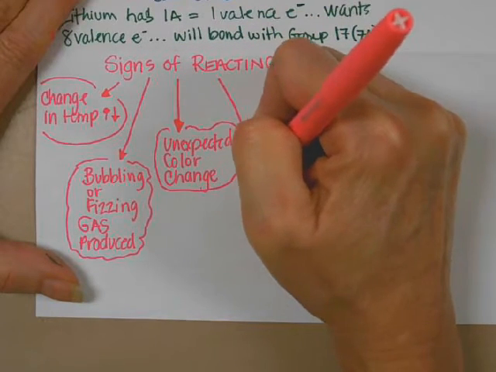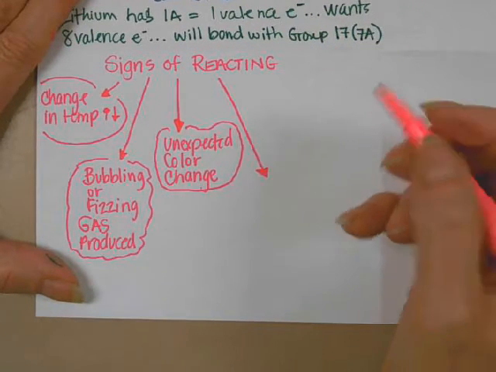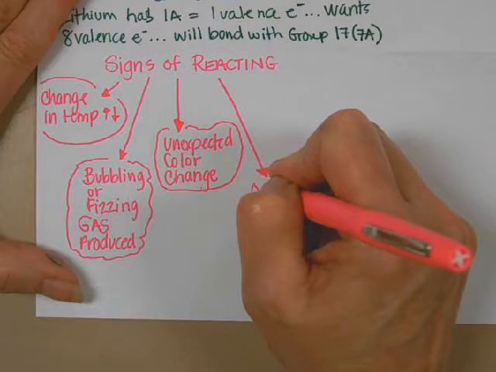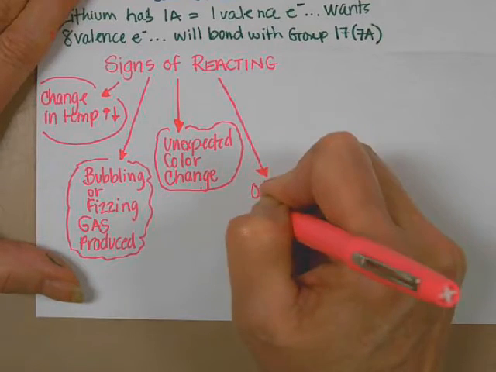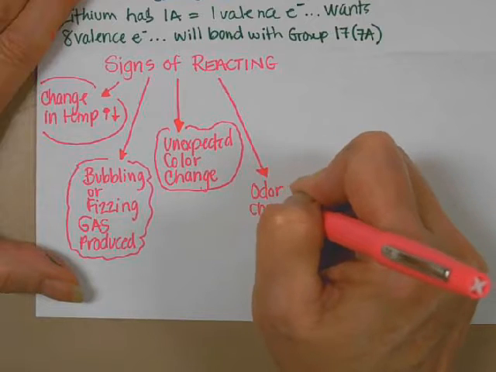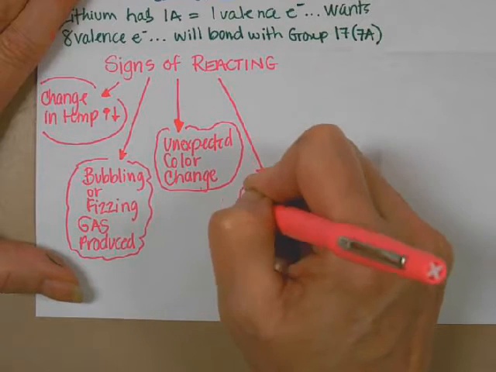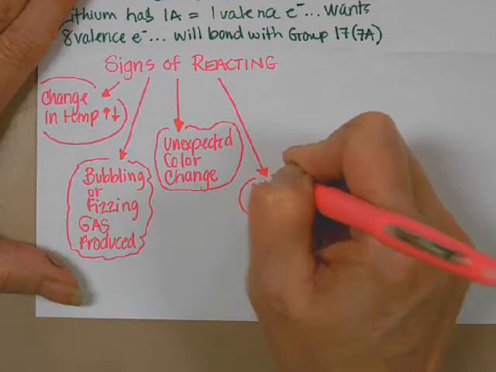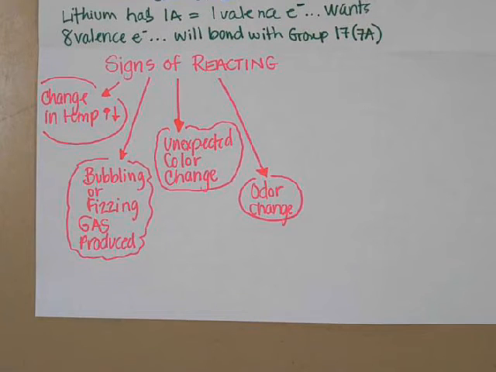An unexpected change in odor, like sour milk. Or baking something, it changes odor because now the elements that you put together in that cake or whatever you're baking are changing to a new substance.